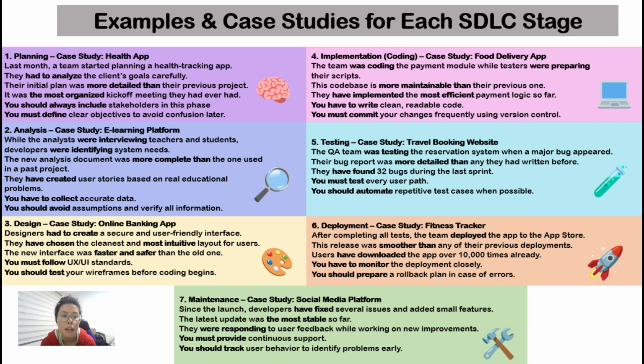They have found 32 bugs during the last sprint, and in this stage you must test every user path, and you should automate repetitive test cases when possible.